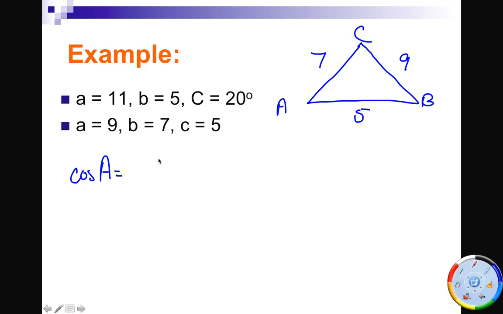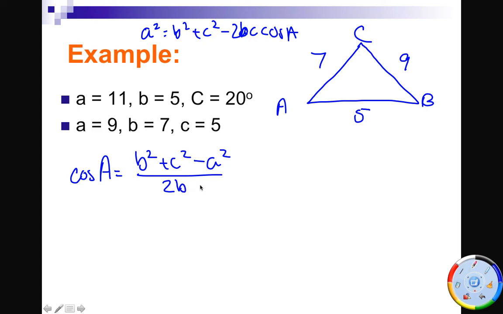So a squared equals b squared plus c squared minus 2bc cosine of A. All right, so I get cosine of A equals b squared plus c squared minus a squared over 2bc. I can't seem to remember this one, so I always write out the one that I memorized, and I go from there.